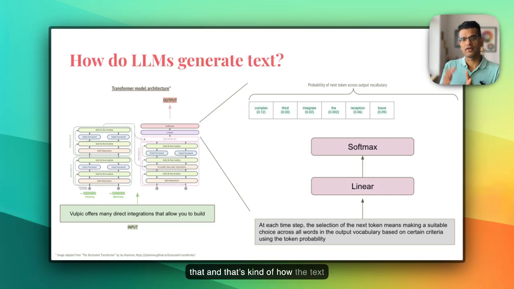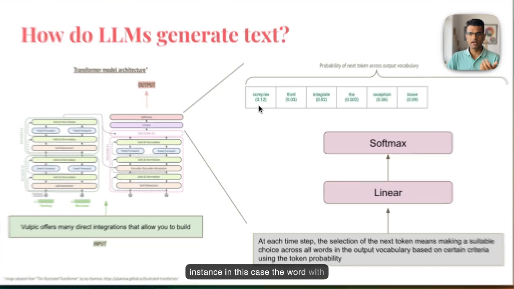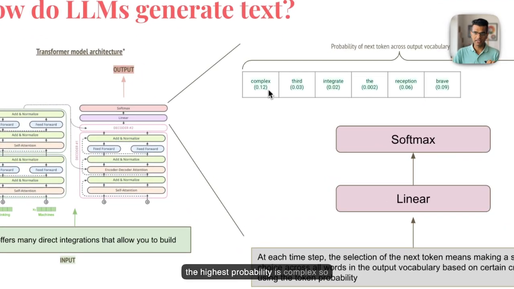And that's how the text completion happens. So at each time step, you ask, what is the one that has the highest probability? Then you generate that token. And then this token is fed back into the input again, right? For instance, in this case, the word with the highest probability is complex. So it's likely that complex will be the next token.